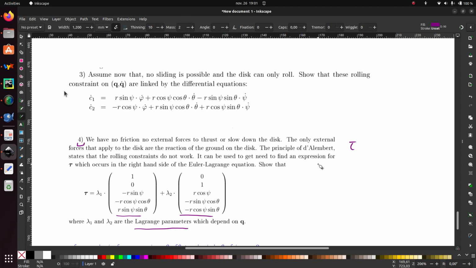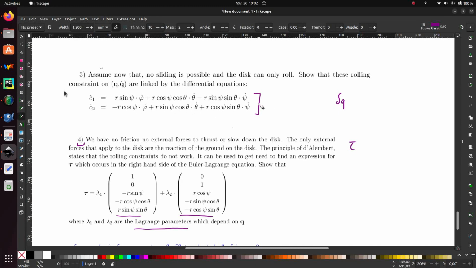So a virtual displacement corresponds to a displacement of Q, the degrees of freedom, which is consistent with a feasible trajectory. Now, I know that all feasible trajectories should satisfy this differential equation.